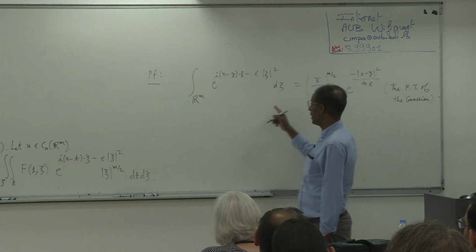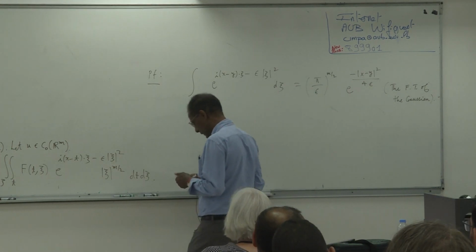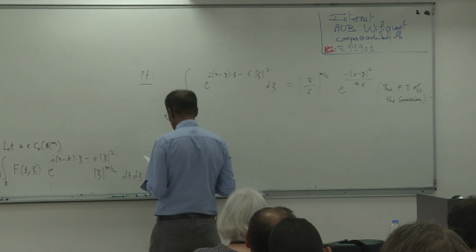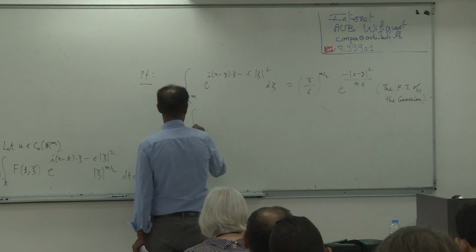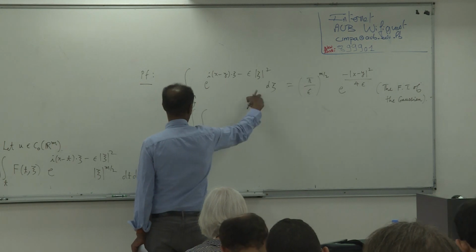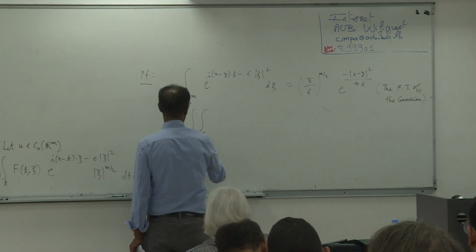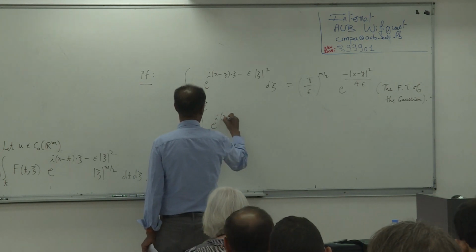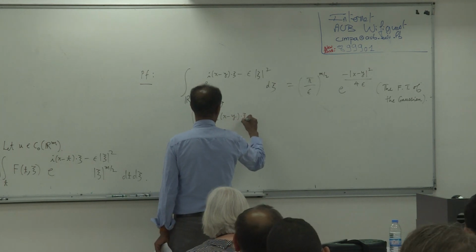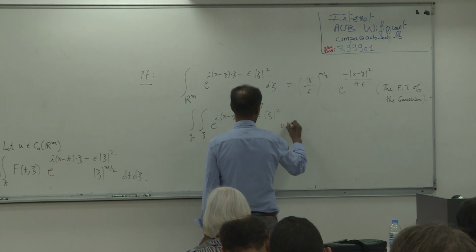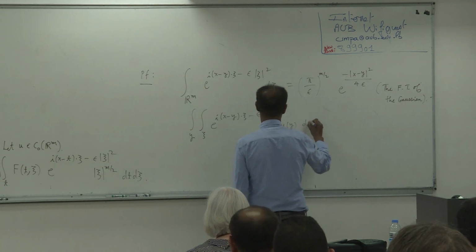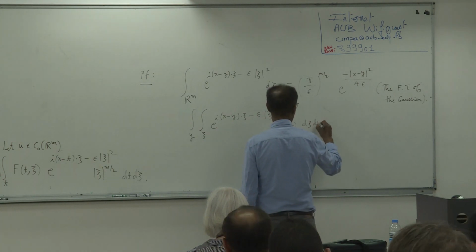Now I multiply by u(y) and integrate in y. This was an integration in c, and then in y: e^{i(x-y)·c - |c|^2} u(y) dc dy.